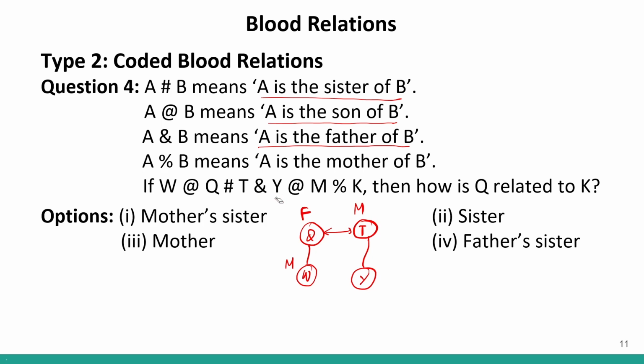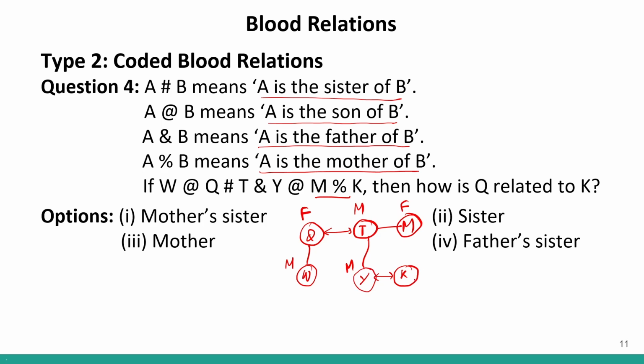Correct? Y at M means Y is the son of M. So if Y is the son, that means Y would be male. And son of M means M would be the spouse of T. So if T is male, M would be female. Correct? This much can we draw? Yes. Moving forward, M percentage K means M is the mother of K. So K would be the sibling of Y. But K's gender is unknown.